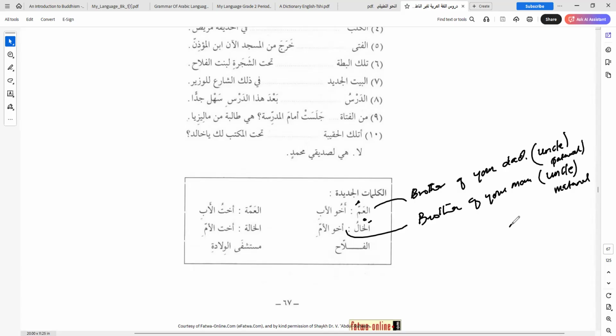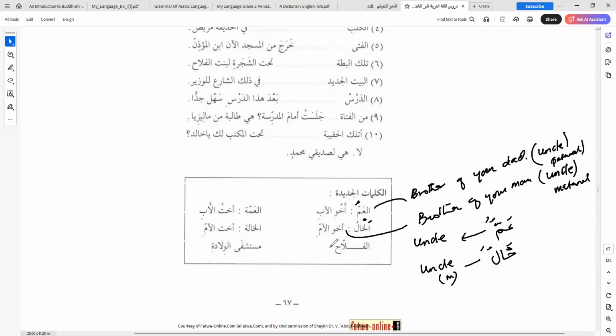So in Arabic, when we say ammun, we say uncle, but this is paternal. And then we say khalun to mean uncle again, but this time from the mama side. So uncle from mama side is khalun, and uncle from papa side is ammun.